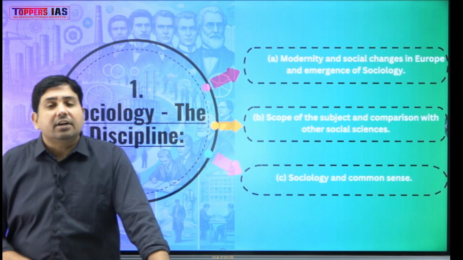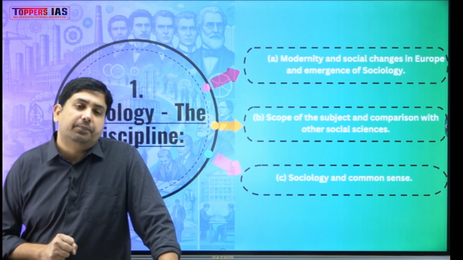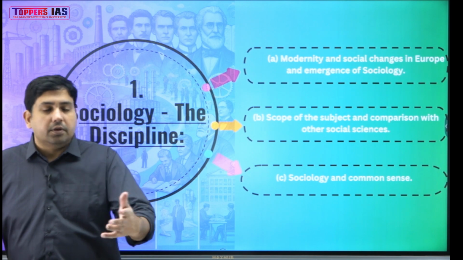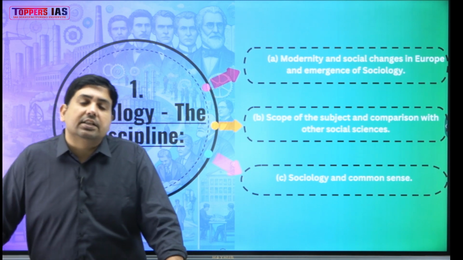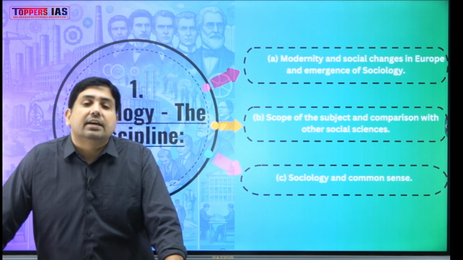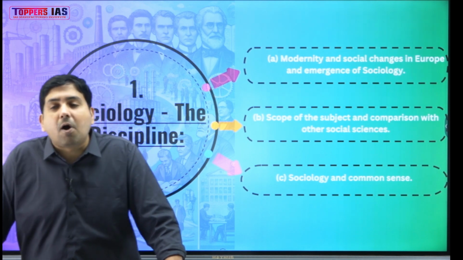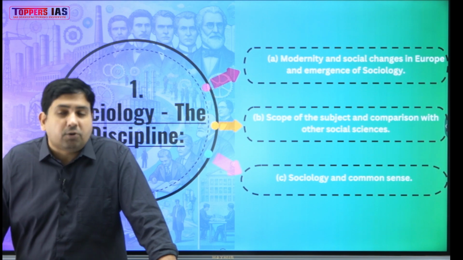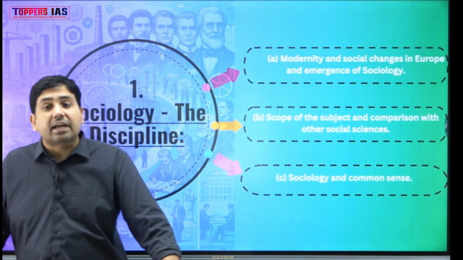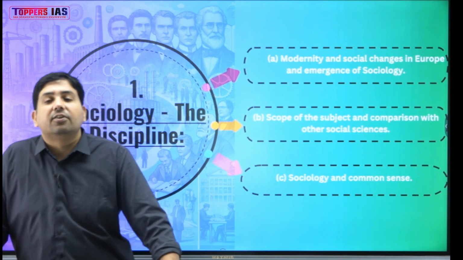So what they wanted, they actually wanted to find the laws of society, to bring order in society, to bring progress in society. And there is one father of sociology, Auguste Comte, he is called the father of sociology. He believed that society could be studied scientifically to discover its laws.